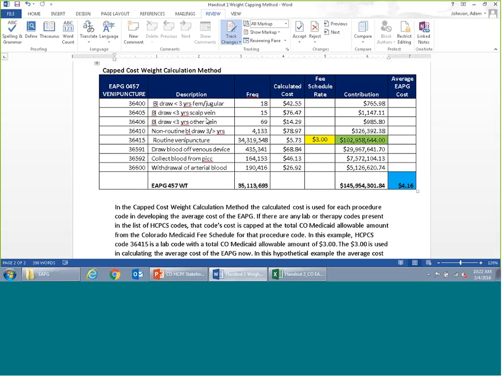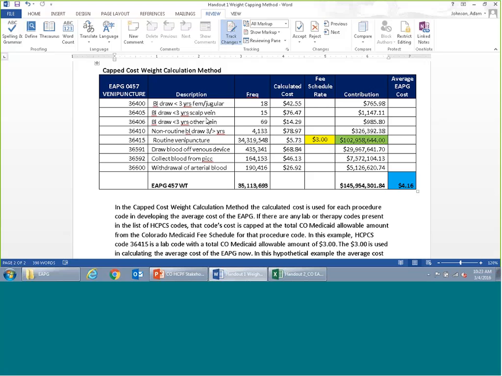and then you can see the resulting payment on there is $4.16. And one thing I want to reiterate is the law of averages and the weighted average aspect of this, because obviously you can look at all these other procedure codes and say, okay, great, now you're bringing the average cost for this EAPG down for that one procedure code, but now isn't that affecting the other procedure codes when they end up getting billed? But that's where this whole weighted average comes in, because you can see that in general that average cost is still above the max fee, and you're getting more of that.